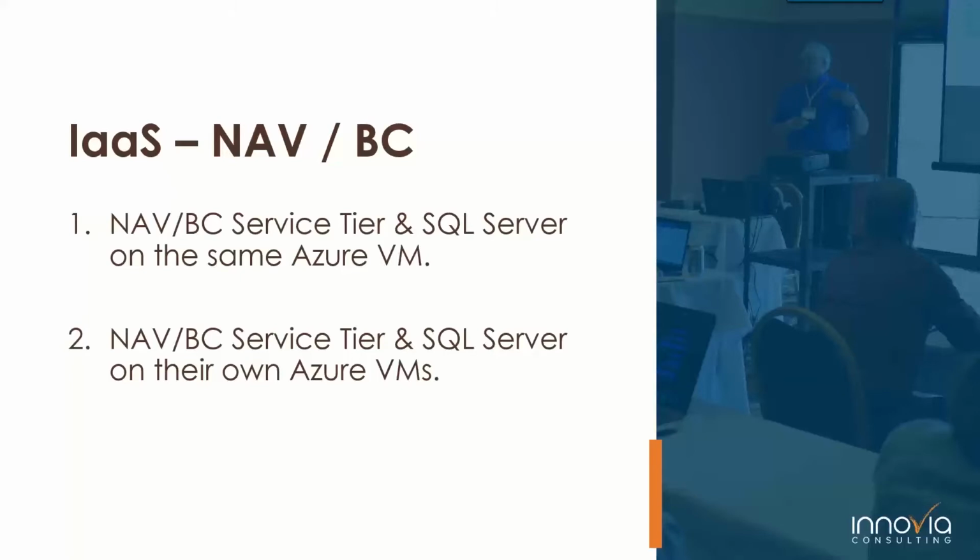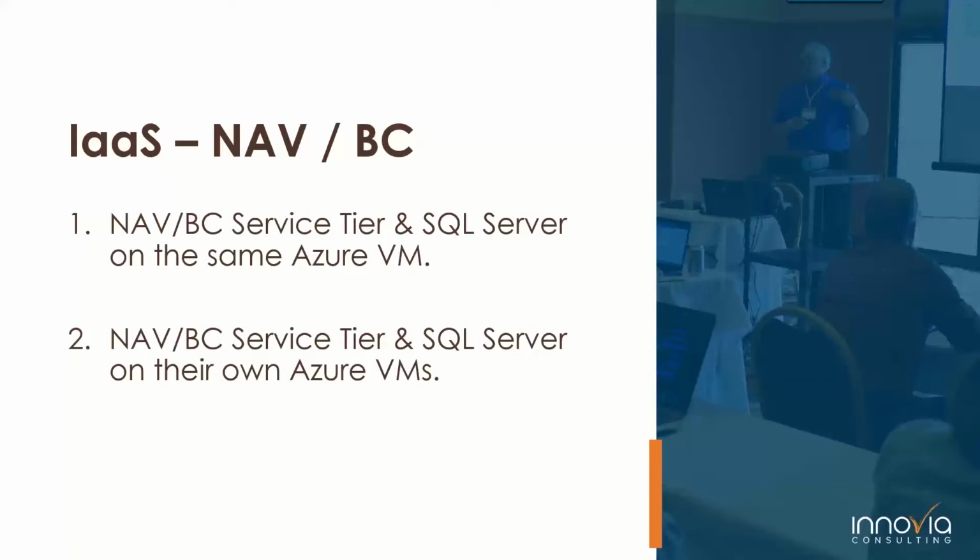Depending on which version you're running, the web client is the only client offered by Business Central, starting with version 15. The web client utilizes Internet Information Services, or IIS, which is a web server provided on any Microsoft server platform, and that's what it utilizes to run the client service for newer versions of Business Central.